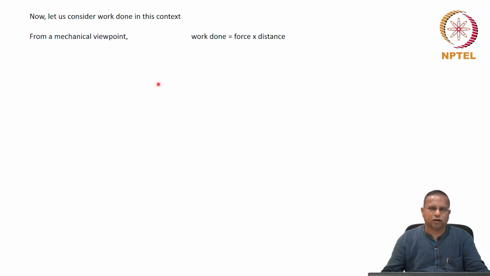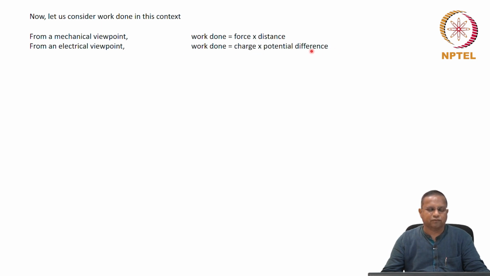From a usual mechanical, classical physics viewpoint, work done is force times distance. From an electrical viewpoint, work done is charge times potential difference. We all know this from our high school. The work done in an electrical system is the charge times the potential difference.